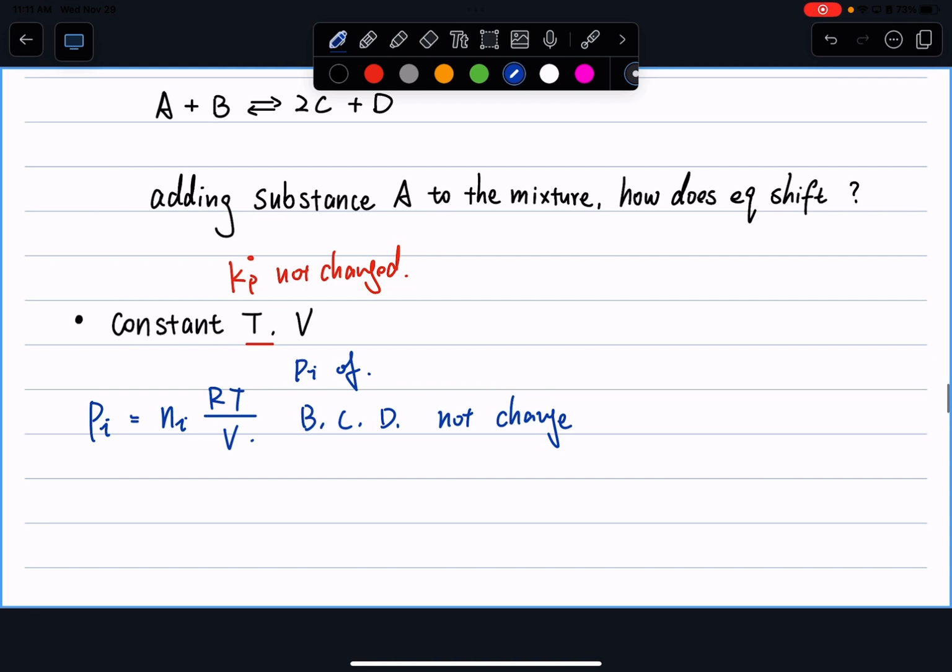For reactant A, we have Pa equals Na times RT over V. We're adding Na, so the number of moles of molecule A increases, and consequently the partial pressure of A will also increase.